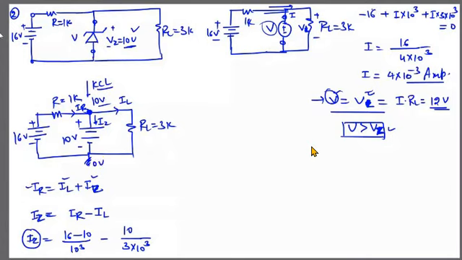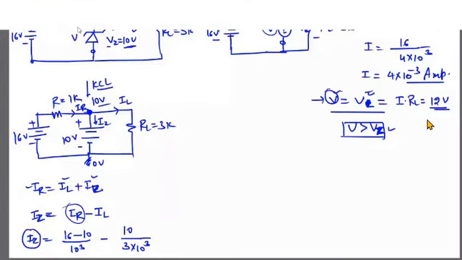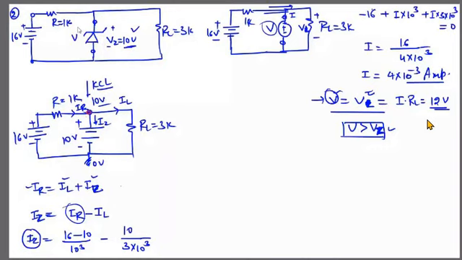Yes, this is 0 volt. This is grounded now. So listen to this. How we are able to apply this KCL directly. Suppose I have to find out the value of this IR. In that case, what we will do, we will take IR as the current in this branch.